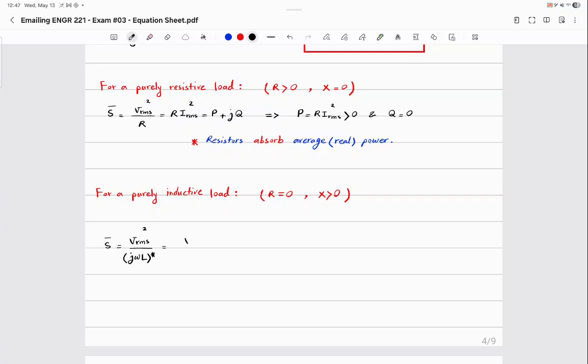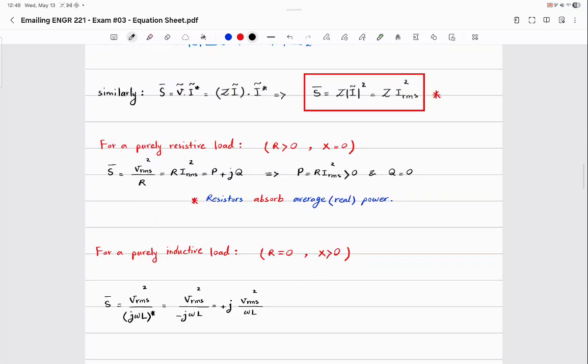It's equal to Vrms squared divided by negative j omega L. I can bring negative j up, it becomes positive j. If I use the second equation, the one which works with current, it will give you positive j omega L I rms squared, right?